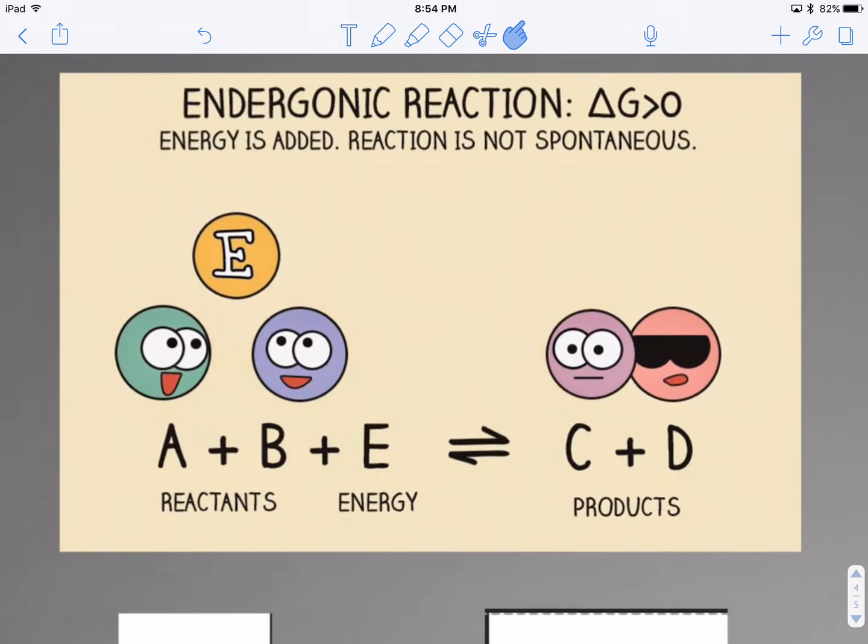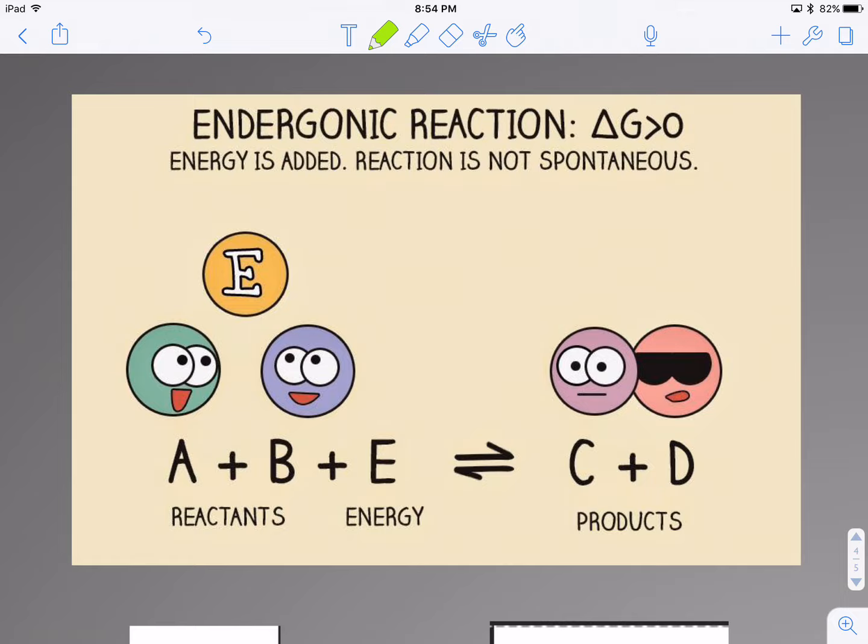And so up here we have the opposite example. For an endergonic reaction, you need energy in your reactant. So we have reactant A, reactant B, but we also have energy. And in turn our products, which is the outcome of the chemical reaction, is only C and D. There's no energy in our products.